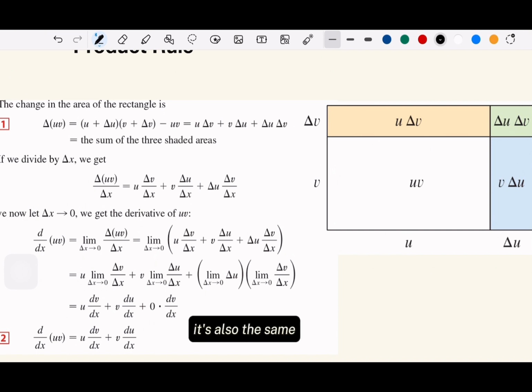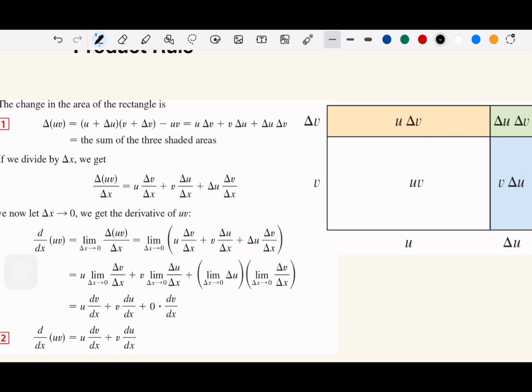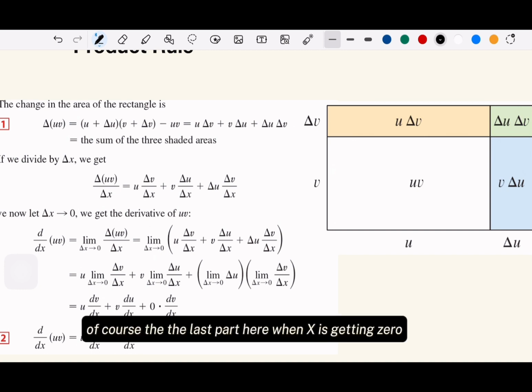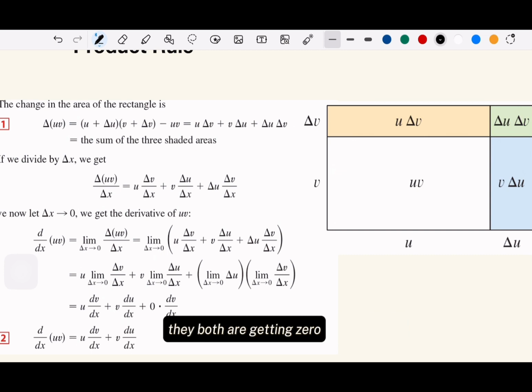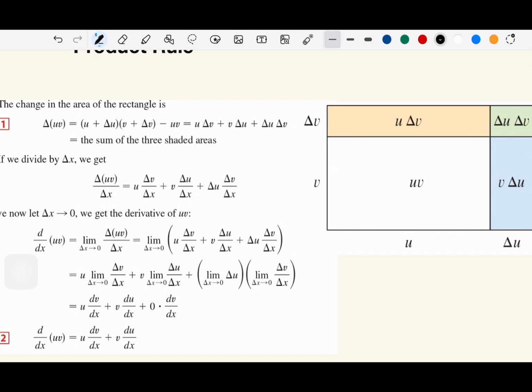It's also the same for the other term, and then at the end we have these two limits. And of course, for the last part, when delta x is getting 0, they both are getting 0. So we get the 0 situation over here, which means that the final result is what we have in the product rule.